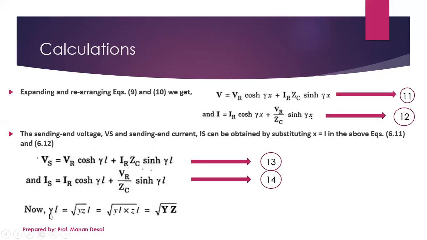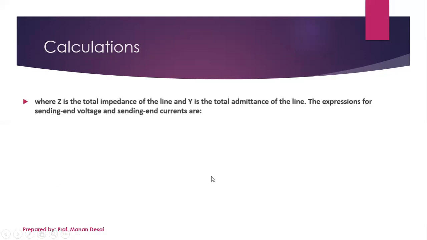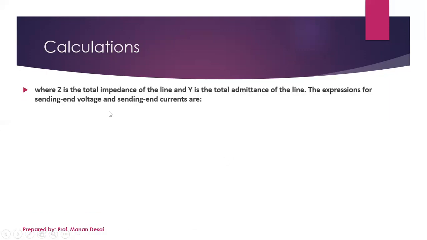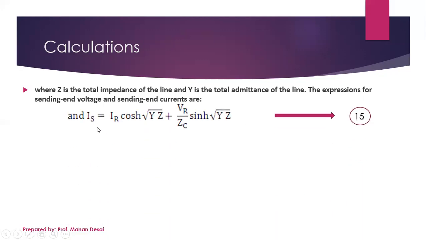I repeat, under root YZ, where Y is the total admittance and Z is the total impedance. The expressions for the sending end current and voltage are: IS is equal to IR cosh under root YZ plus VR by ZC sinh under root YZ.